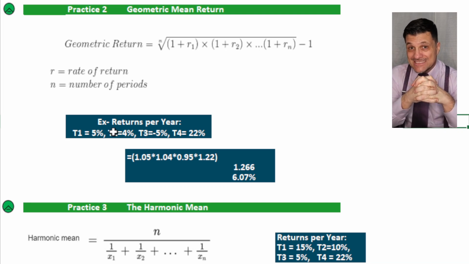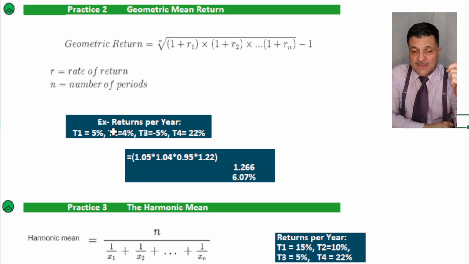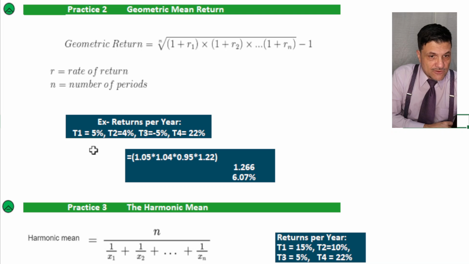You're going to have to add 1 to that decimal number: 1 plus the return in decimal format. If the return is negative, it's 1 minus that return. If it's positive, it's 1 plus that return.